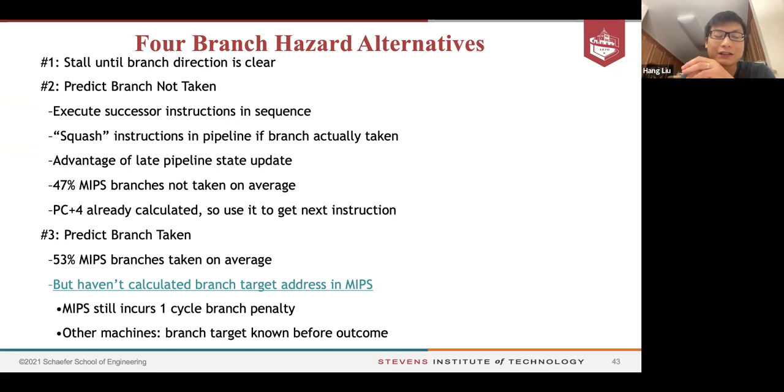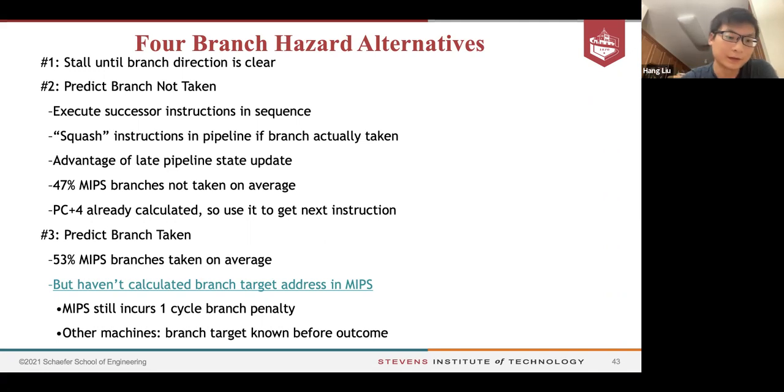If our prediction is wrong, then we squash the instructions in the pipeline. The advantage of late pipeline stages is that we can easily calculate the branch taken or not taken average, and then choose that as the static taken or not taken.